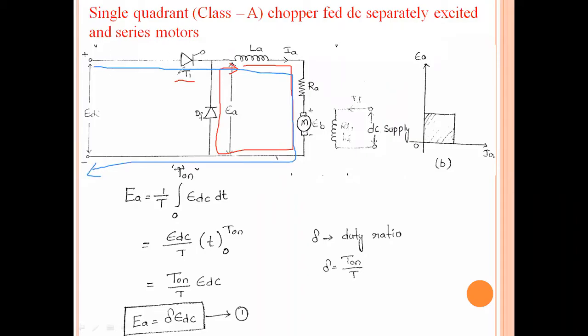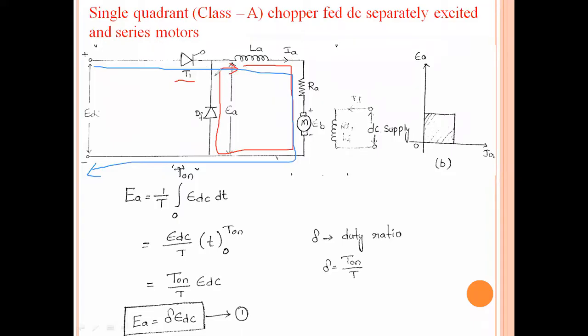So when the thyristor is turned on, the supply gives the current to the motor like this. When the thyristor is turned off, then this freewheeling action will take place via this freewheeling diode, which is done by this armature inductive winding. So very simple operation, only two modes: thyristor turn on mode and thyristor turn off mode.